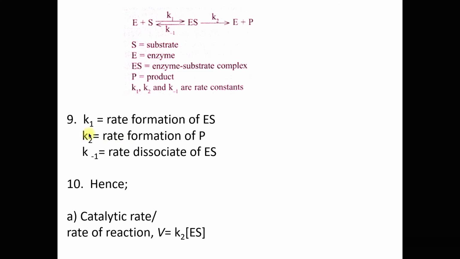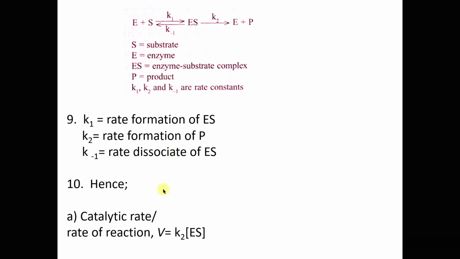So K1 is the rate of formation of enzyme substrate complex, right? K2 is the rate of formation of product, and then K negative 1 is the rate of dissociation of enzyme substrate complex.